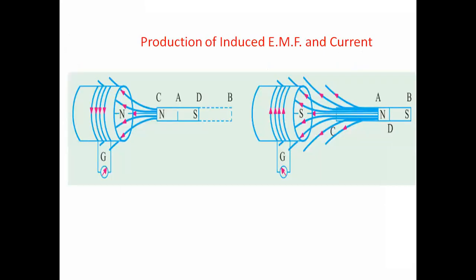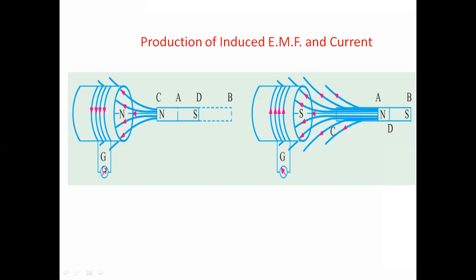Here there are two figures. This is the wire, and one end of the wire is connected to a galvanometer. G is the galvanometer.